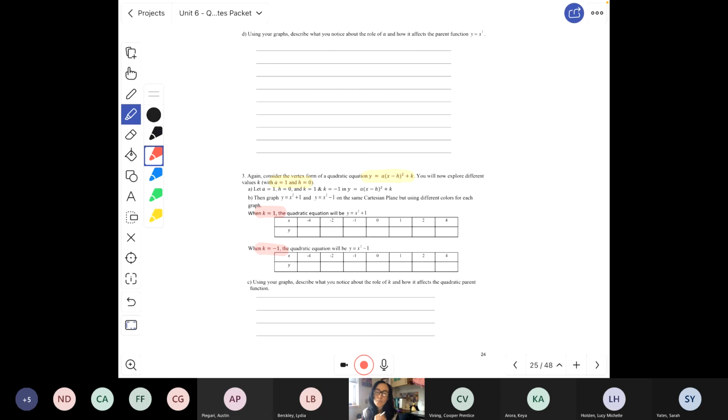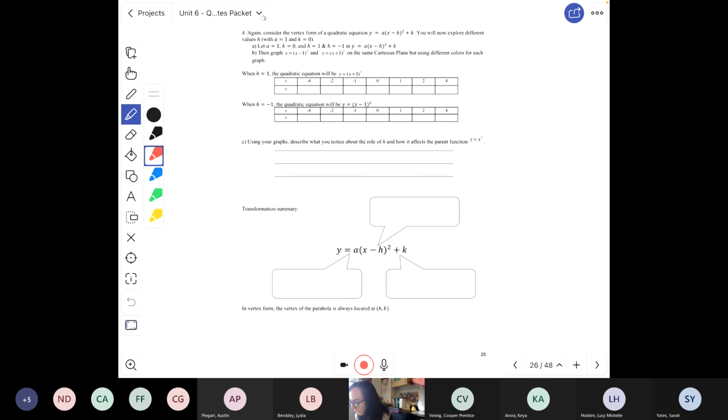How does K impact the graph of the parent quadratic function? Then we're going to look at, again, the vertex form. In this case, A equals 1, K equals 0, and we're going to adjust different values of H. Populate the tables, graph them on Desmos, and describe what happens when we change values of H and how that impacts the graph of the parent function.